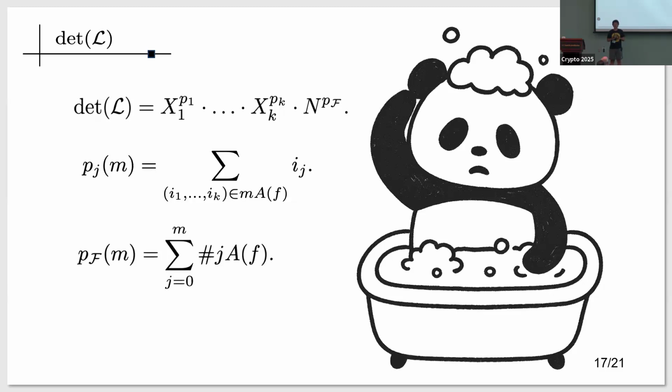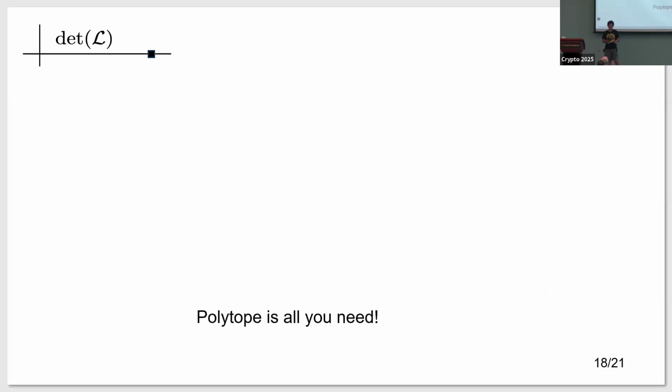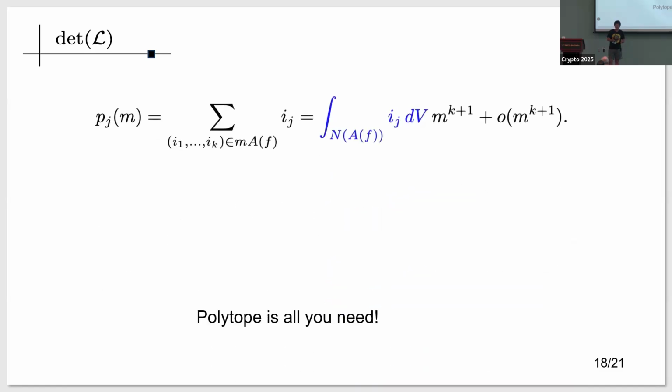So we want to compute pj and pf. pj is a summation over the indices, and pf is the very new thing in this paper. pf is the sum of #A, and we also have a similar result on the determinant. For pj, we can prove it is an integral over the convex hull.